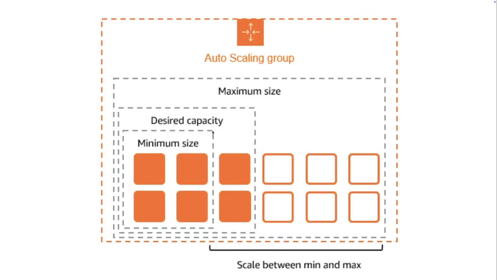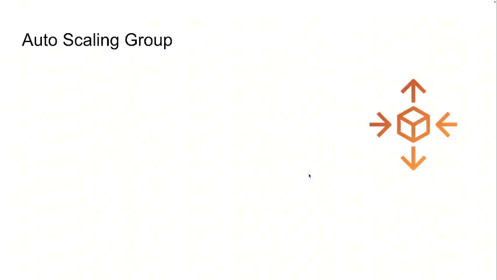The desired capacity is the number of instances that should be running at the time you set up the autoscaling group for the first time. The minimum size is how low it can scale in. In this case, there are 4 instances as the minimum, 6 are the desired, and you have an additional 6 that you can scale out to as the demand comes in.